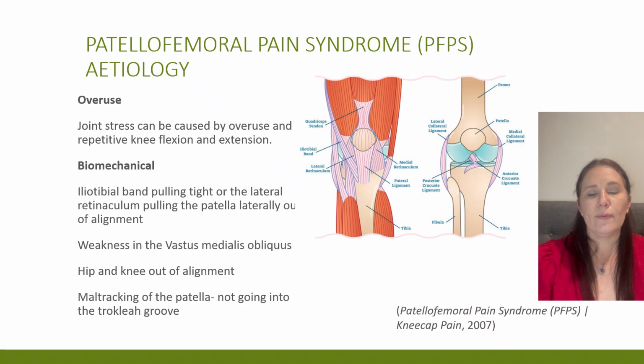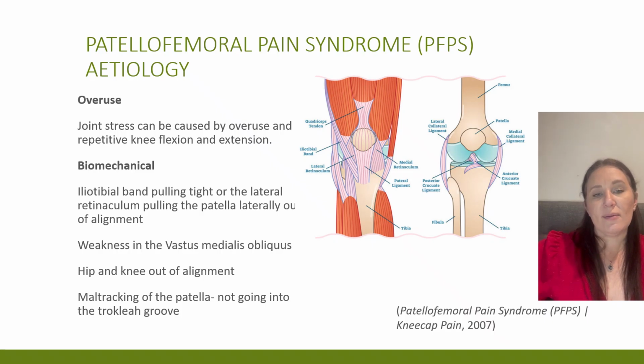extension, and so forth. Biomechanical causes could be the iliotibial band, which is the band that runs from the top of the hip and down the side of the knee to keep everything in a line, could be pulling too tight, or the lateral retinaculum is pulling the patella laterally out of alignment.